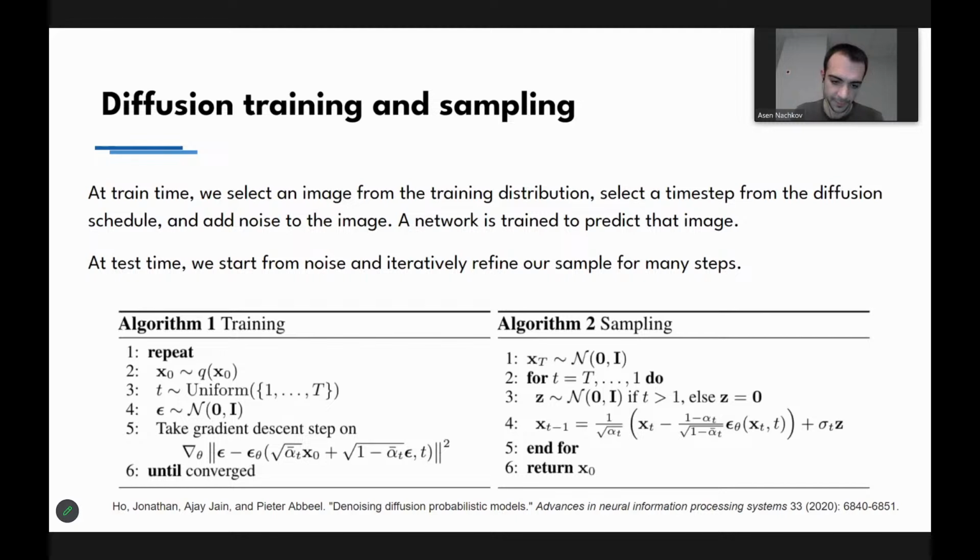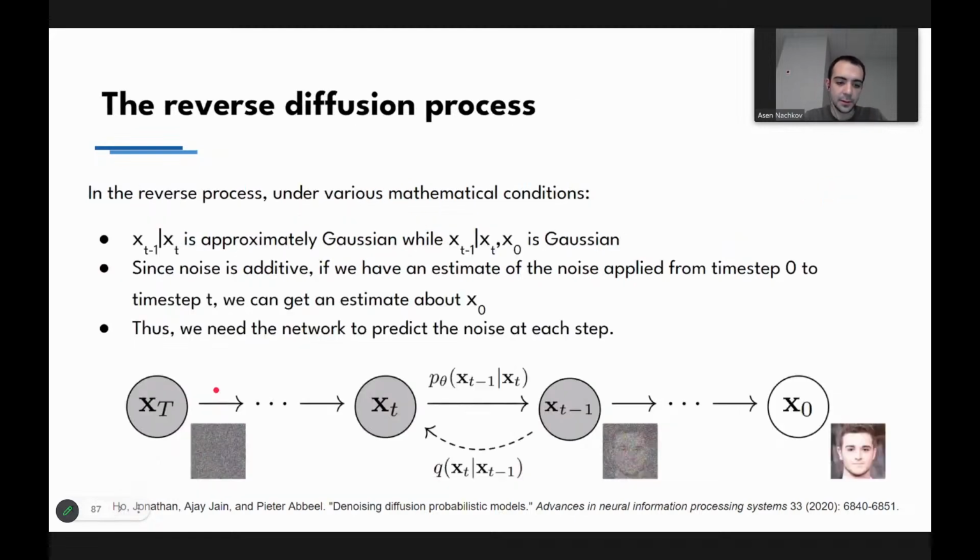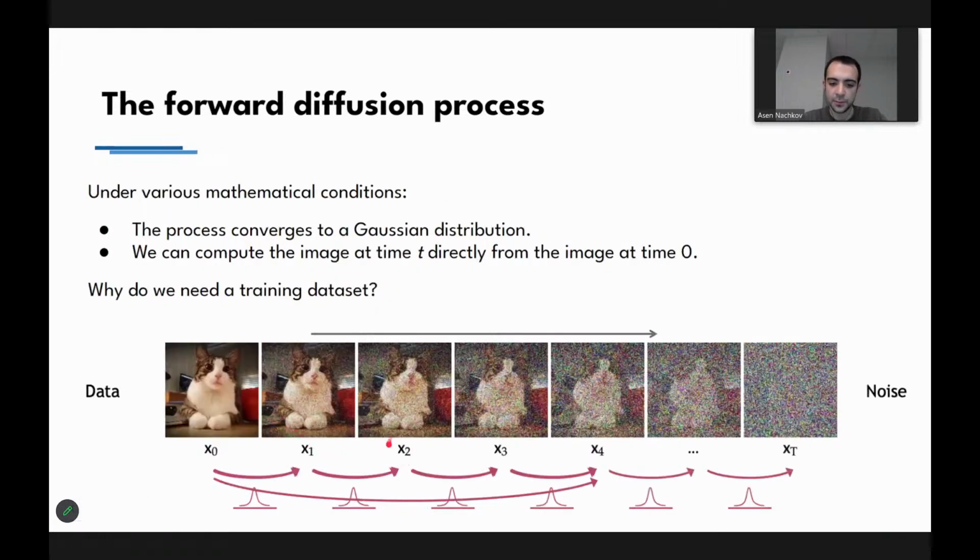So just to show you that it's not very difficult, let's discuss the training and the sampling of the diffusion model. At training time, we sample an initial clean image from the dataset. This is x0. Now we choose a diffusion time step, for example, time step 2. And this controls how much noise is added.